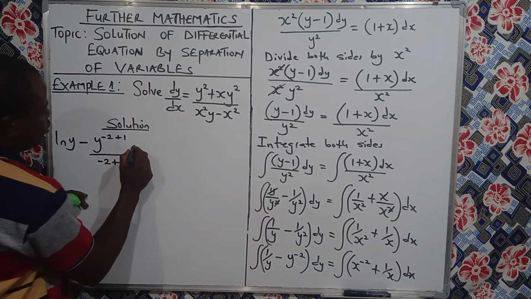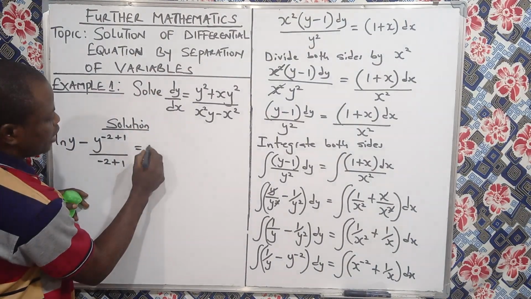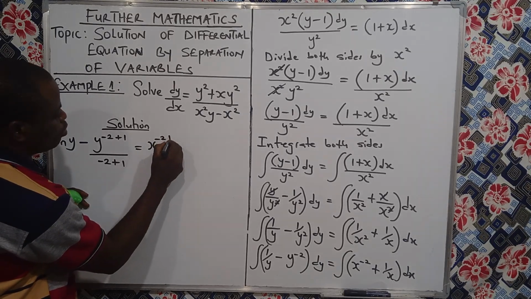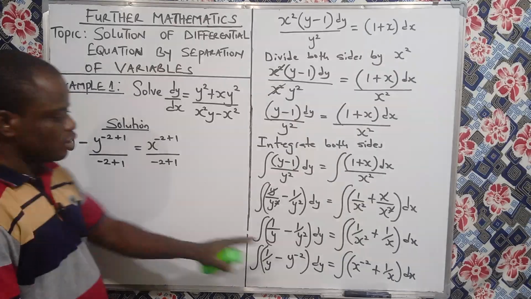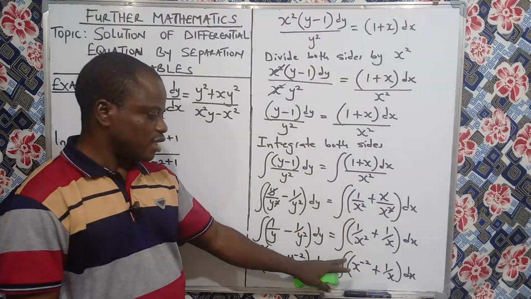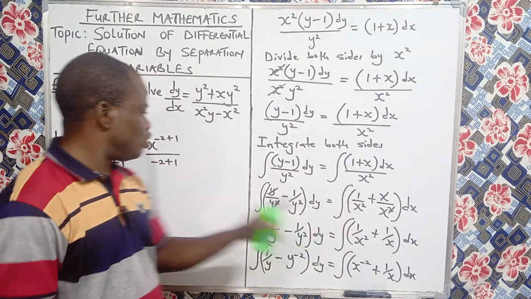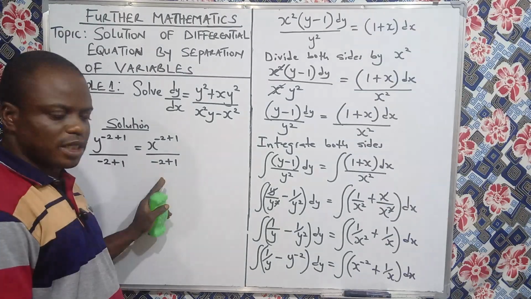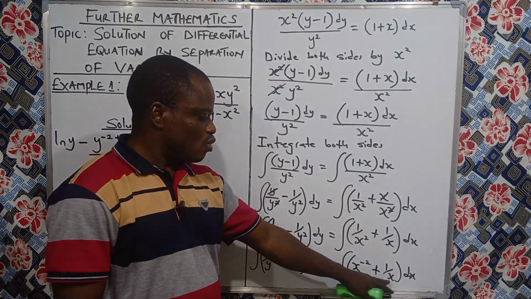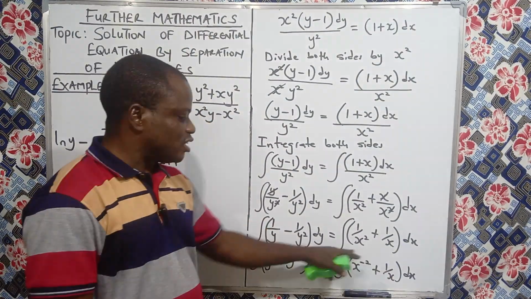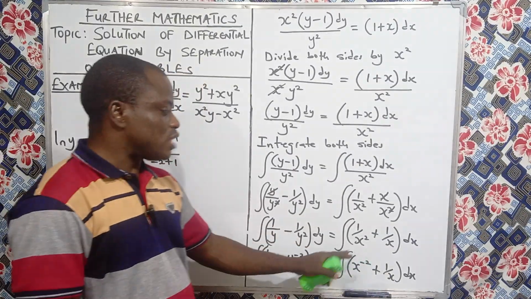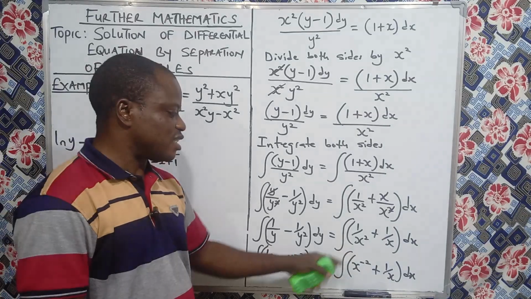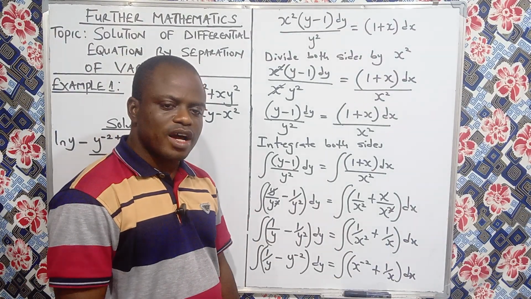Now you have it equals x raised to power minus 2 plus 1 over minus 2 plus 1. That's the expression when you are removing the integral sign for x raised to power minus 2. Now plus 1 over x. When you are removing the integral of 1 over x, just write ln x. That ln x has taken care of the integral of 1 over x.